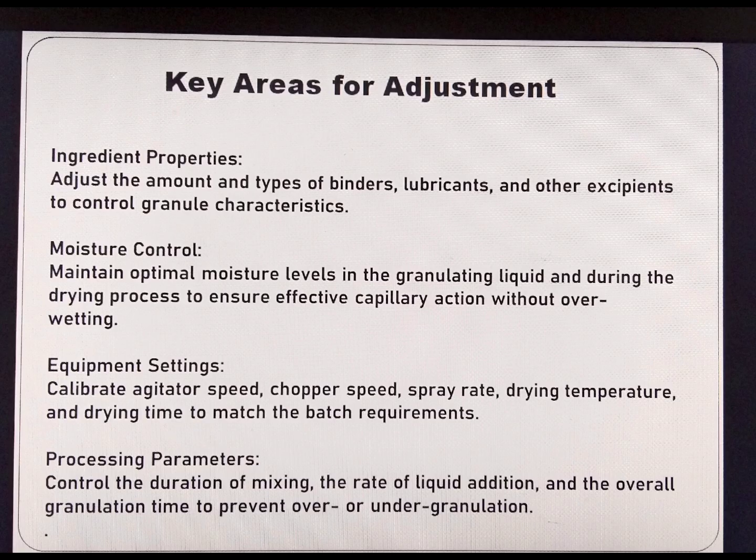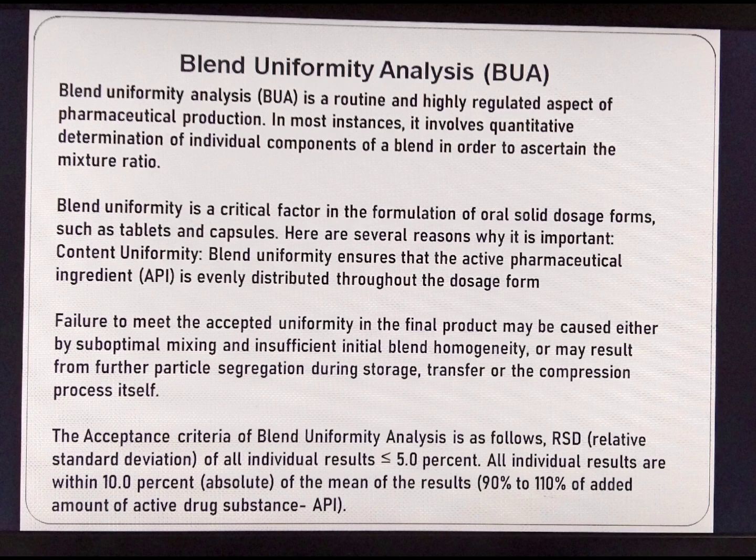Calibrate agitator speed, chopper speed, spray rate, drying temperature, and drying time to match the batch requirement. Processing parameters. Control the duration of mixing, the rate of liquid addition, and the overall granulation time to prevent over or under granulation.